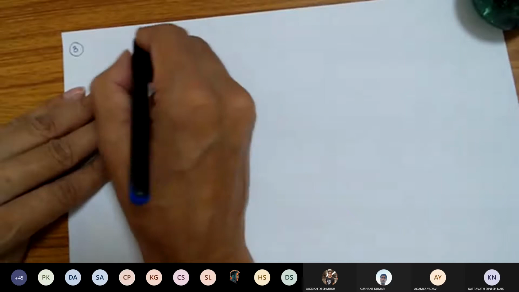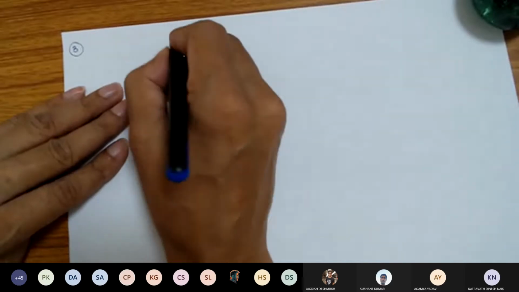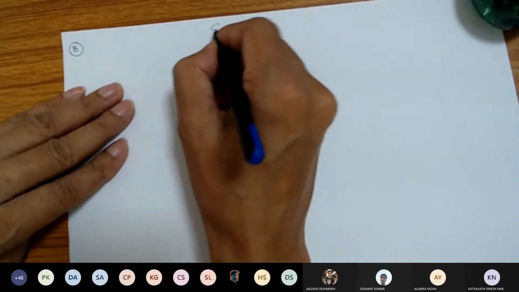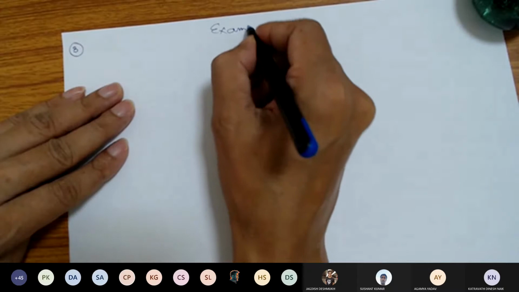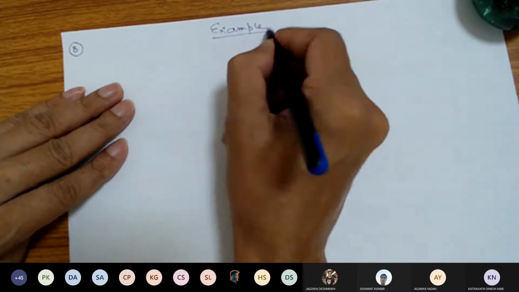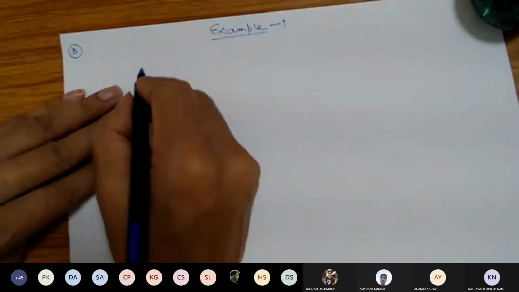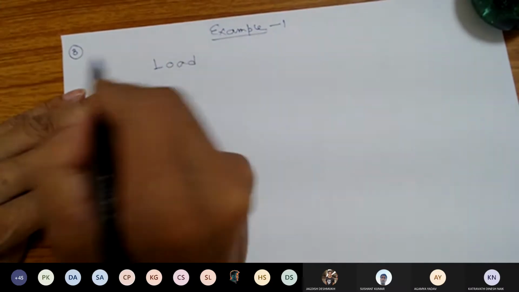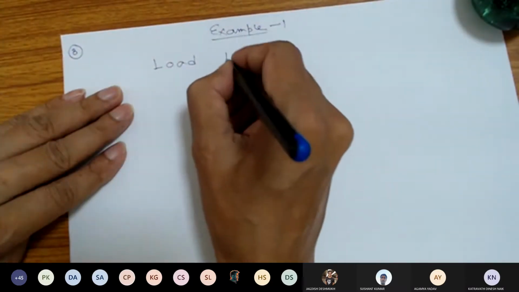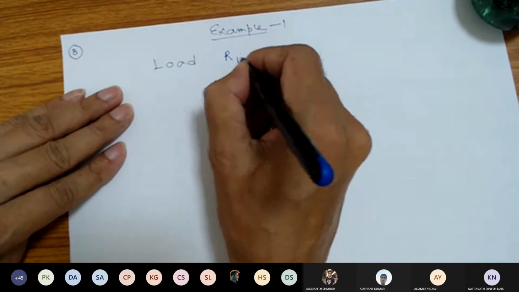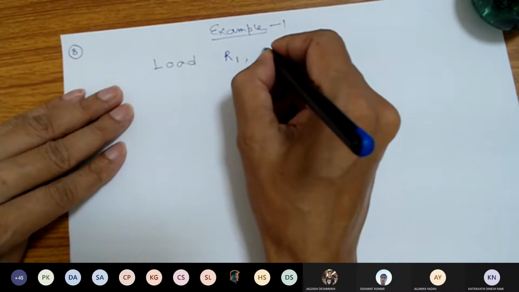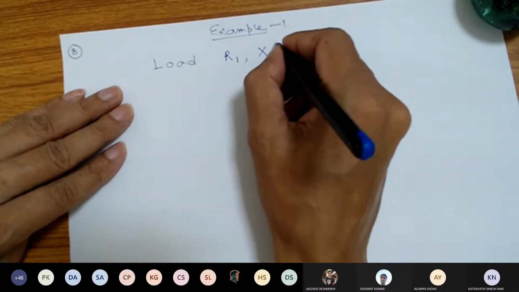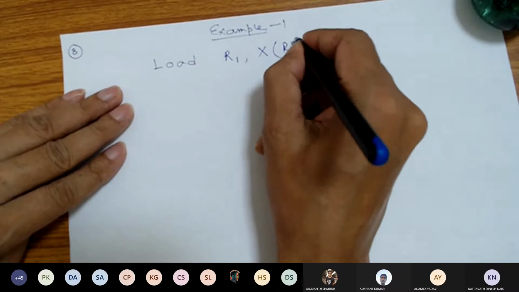Let's take one instruction. Example 1. Let's take load R1, X(R2).